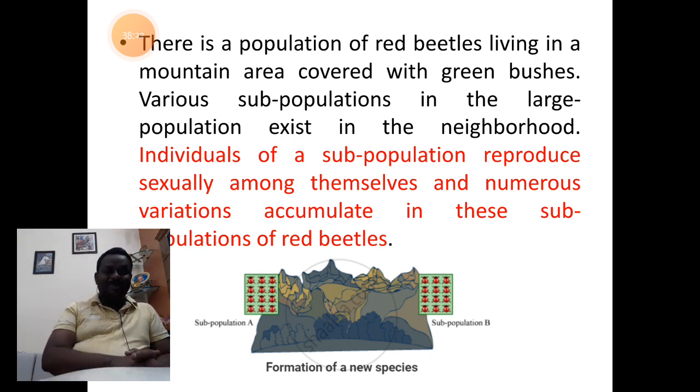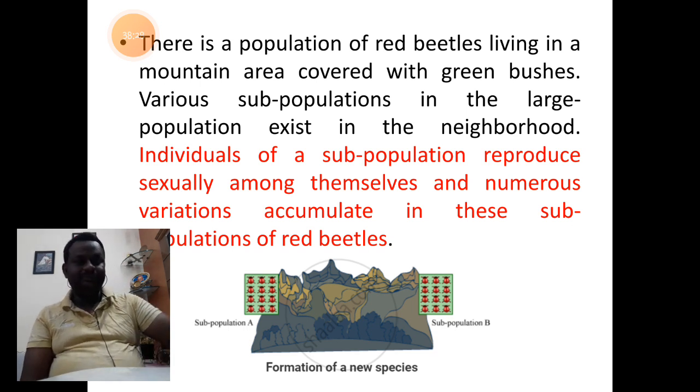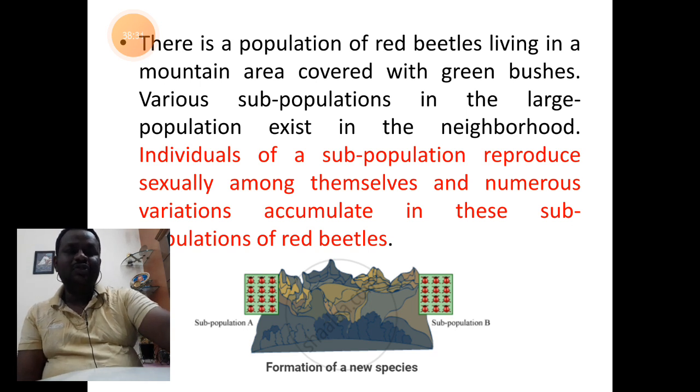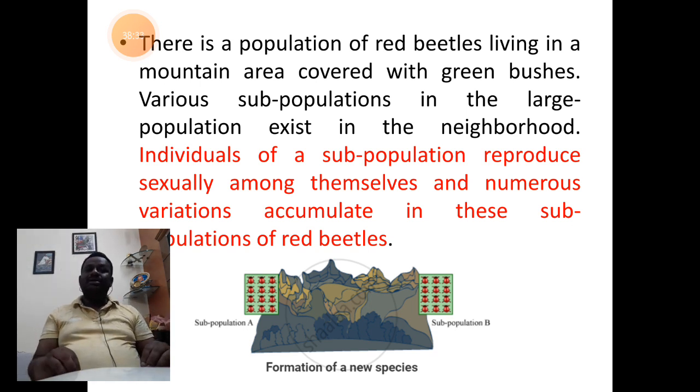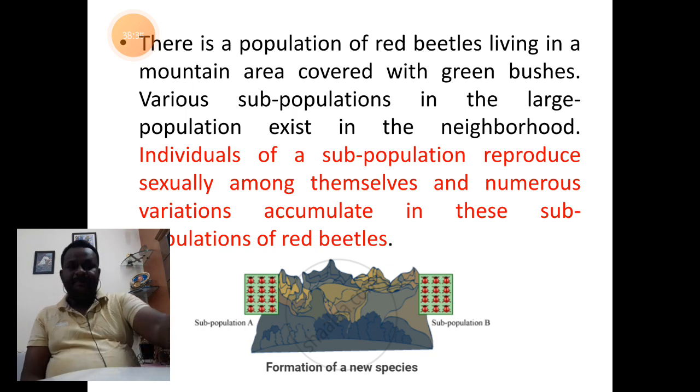An example here is red beetles with genetic variations. So they become sexually different individuals.